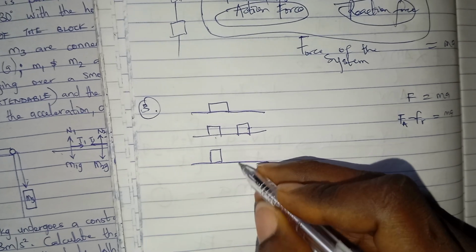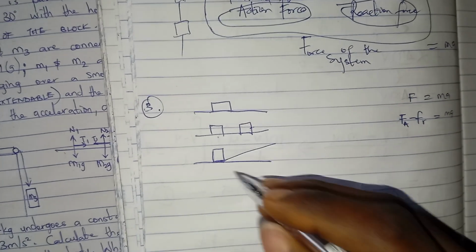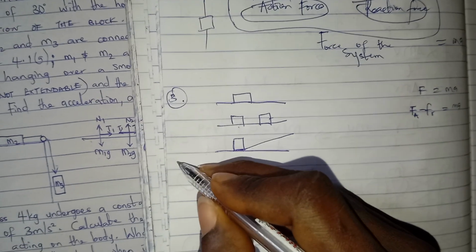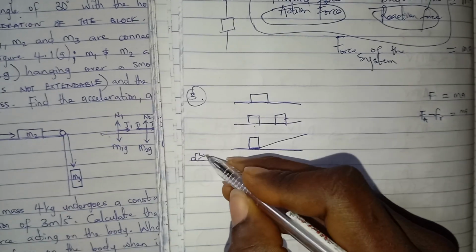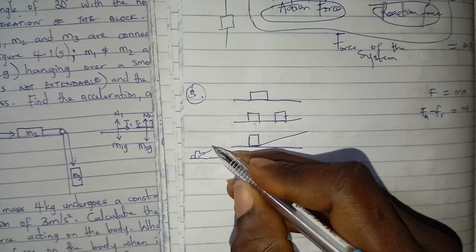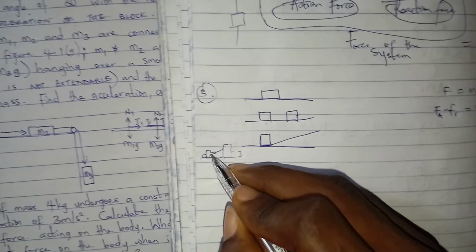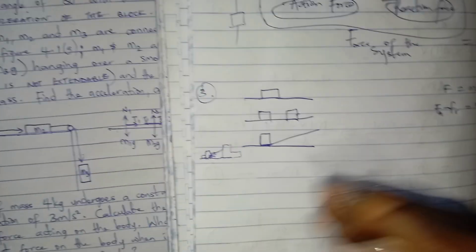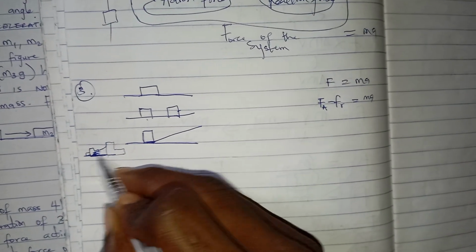Then when I have an object and it is being pulled at an angle, let's say it is being towed at an angle. For example, a car now, when you are towing a car, you have it this way, this way, this way. Then another one that is pulling it will be inclined and is trying to drag it. So this particular car, the force that it will be experiencing is simply force on it and the angle created.